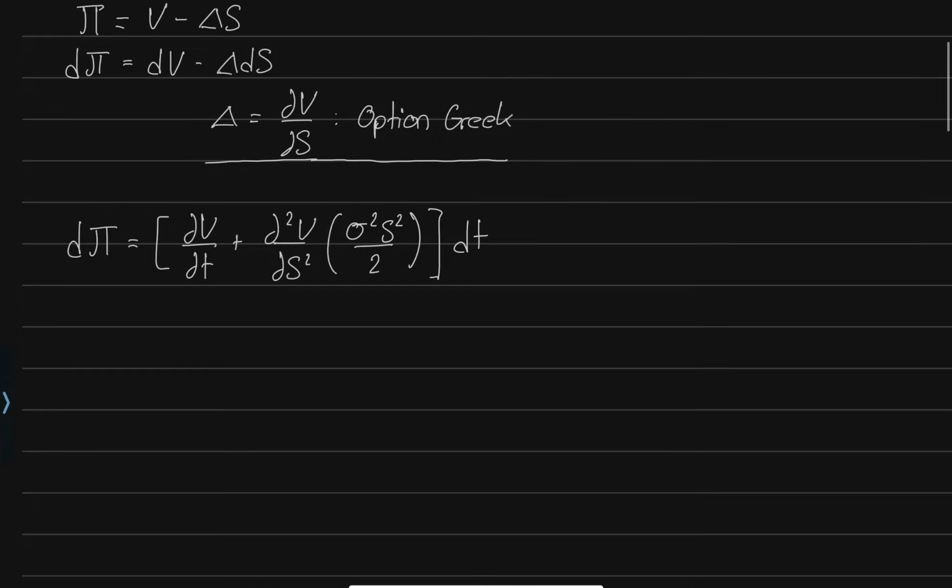So what's good about this is that it is a partial differential equation and not a stochastic partial differential equation, meaning it is not stochastic. There are no stochastic elements, dw or db, so essentially there's no randomness.